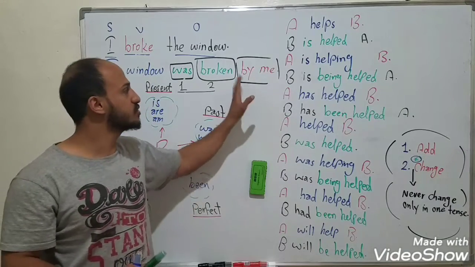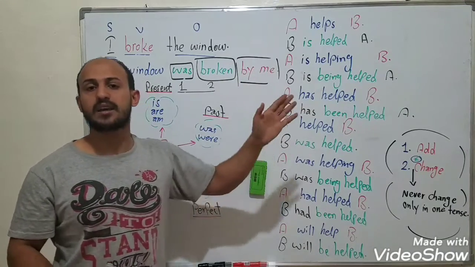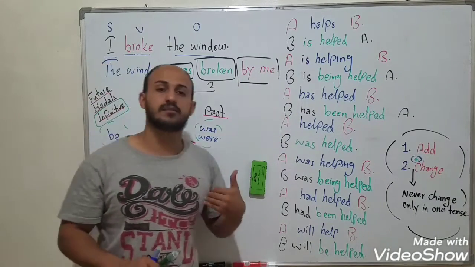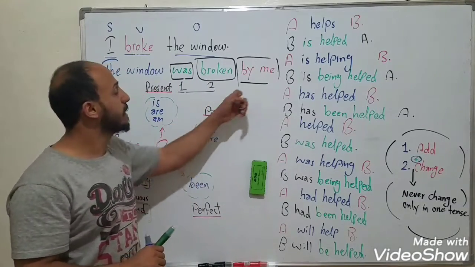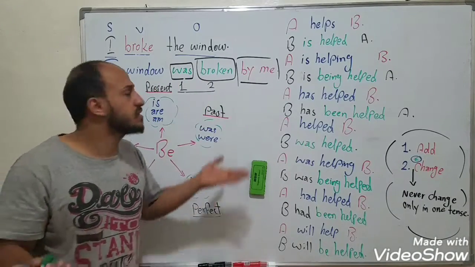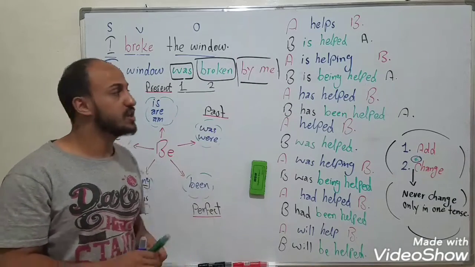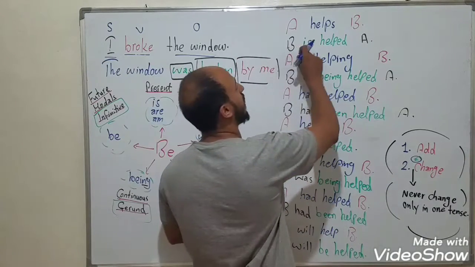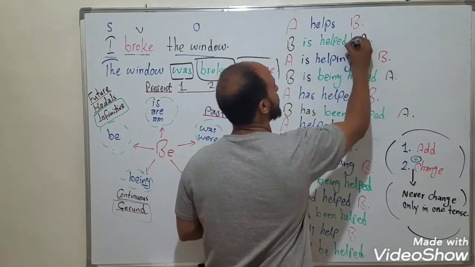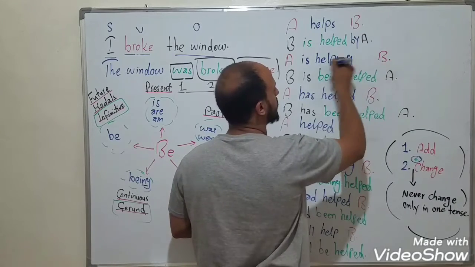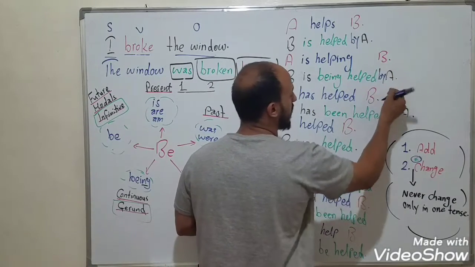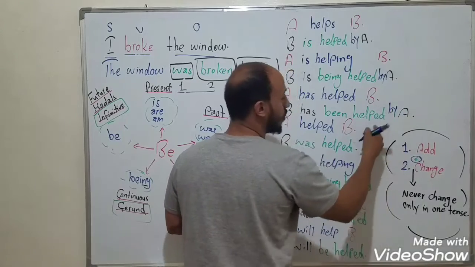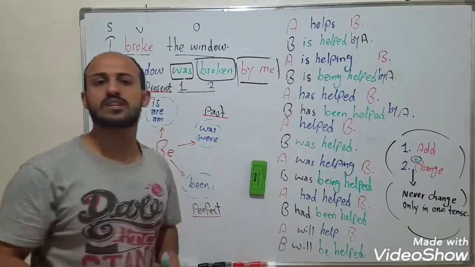You use by him, by them, by me, by people, by whatever, by a car or whatever. If you don't know, then you don't need to use it, all right? So here, for example, B is helped by A, and here the same idea, okay? B is being helped by A, here by, or you just delete it and you don't need to mention it.